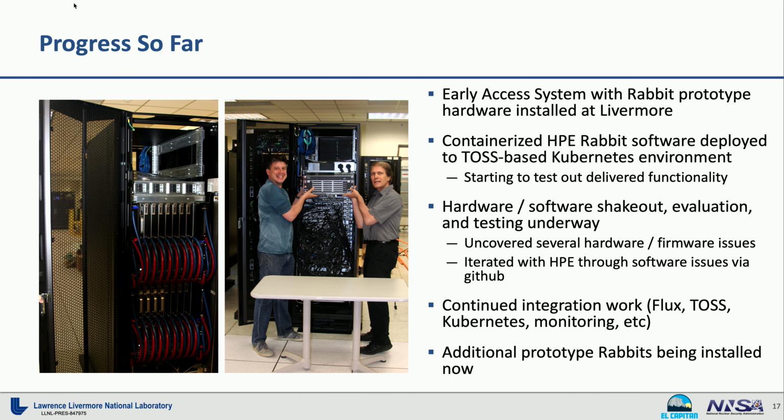So far we have prototype machines, early access hardware. We've worked through all kinds of interesting Kubernetes corners and tricks. We found interesting things with NVMe namespaces and PCI switches, and it's really moving along very well.